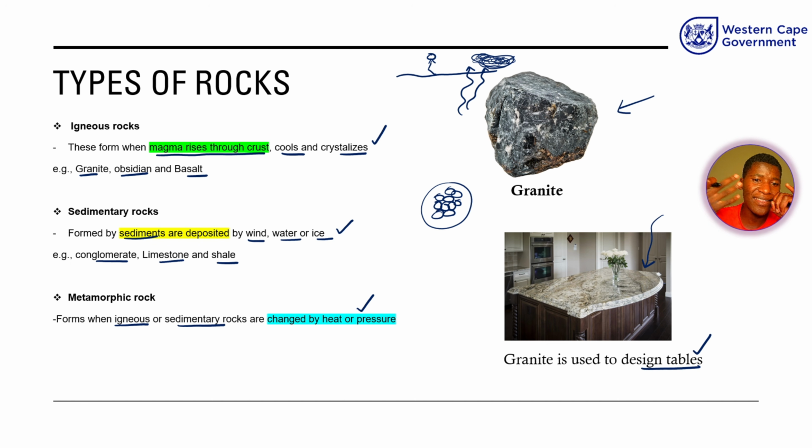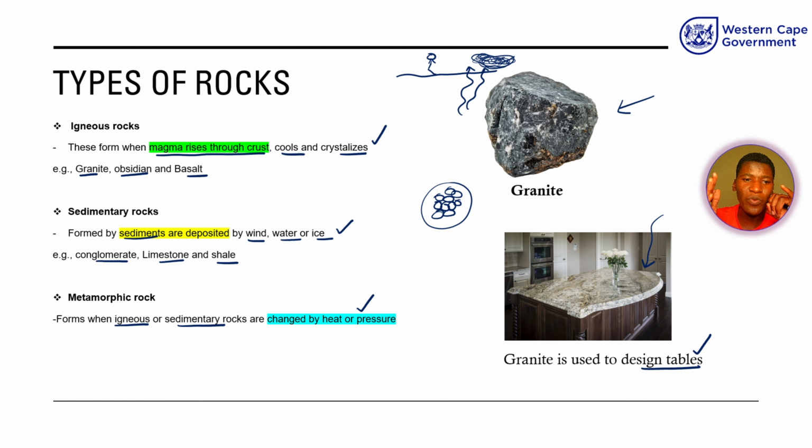When you put heat on it or you put pressure on it, it can change into another rock. That rock will be a metamorphic rock because this rock was formed from an igneous rock or a sedimentary rock that was heated.